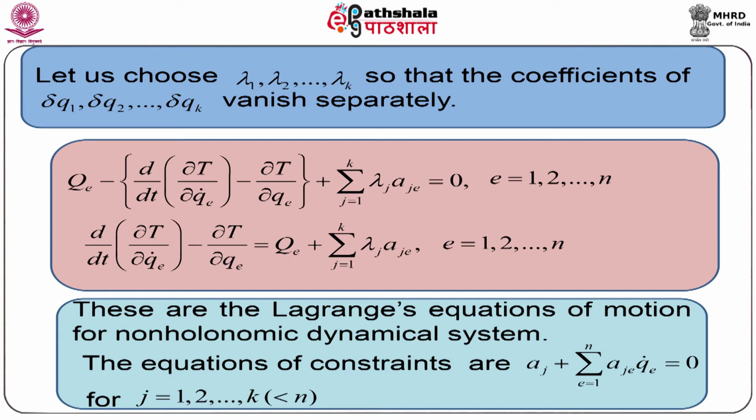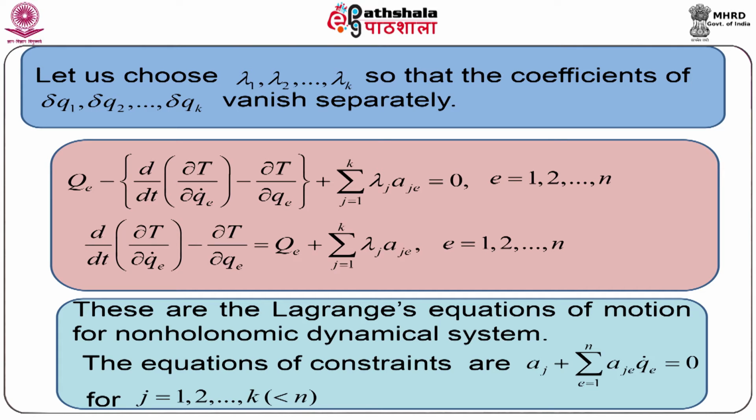Then we have Q_e minus d/dt of partial derivative of T with respect to q_e dot minus partial derivative of T with respect to q_e plus summation over j of lambda_j a_je equal to 0. This is valid for e equal to 1, 2 up to n. n gives the number of degrees of freedom of the dynamical system.